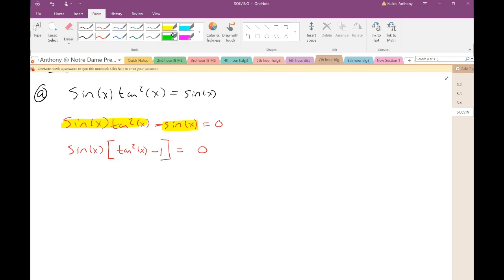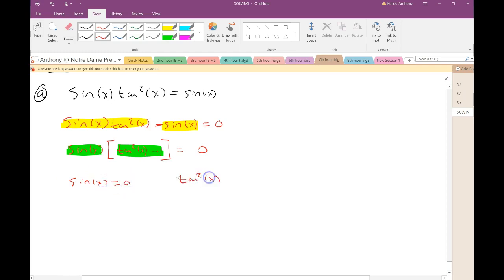Now that this is in factored form, I can apply the zero product property. And it's okay to do that because you'll notice that each factor has only one kind of trig function in it. Does everybody agree with that? So I can say sine x equals 0.